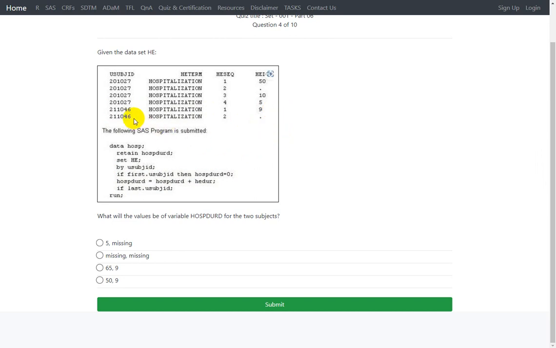Again, when the next record is processed, as we have applied retain for HOSPDURD, the value would be 9. And then when this statement is executed for the second observation, 9 plus missing, the resulting value would be missing. So the correct answer seems to be missing and missing for both the subjects in HOSPDURD.